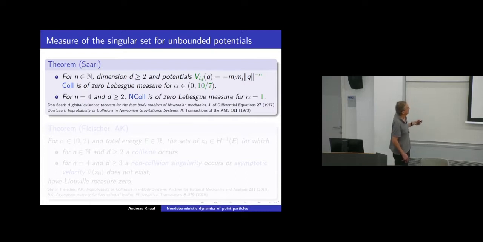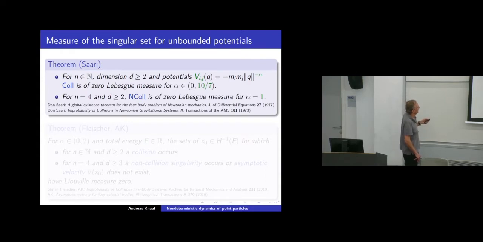So for n equals 1, 2, or 3 particles, non-collision singularities cannot exist, because the particles separate in some way, or at least some particles separate from the other two.